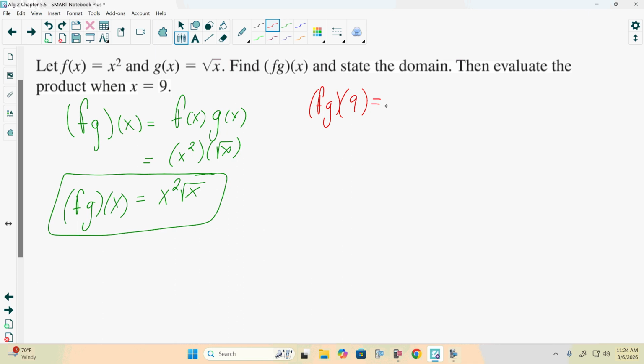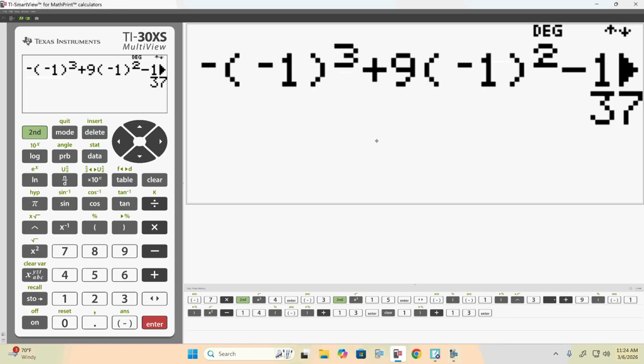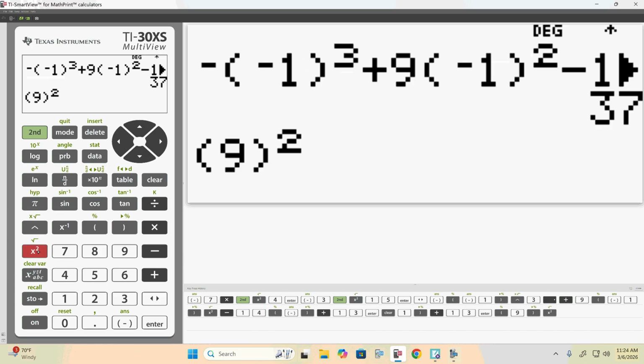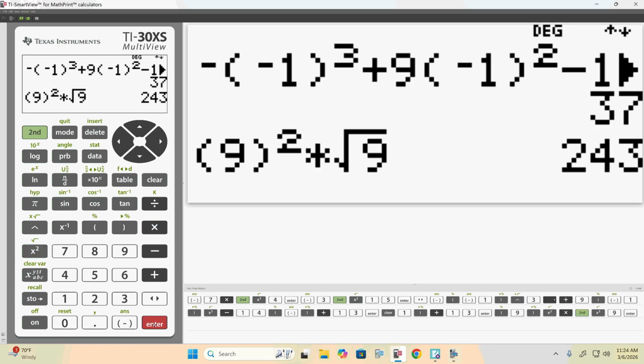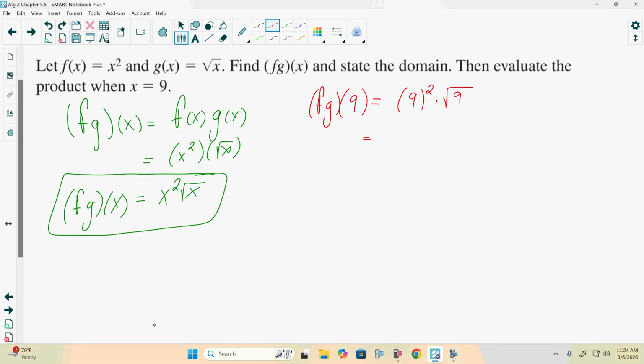f times g of 9 would be 9 squared times the square root of 9. We should expect this number to be pretty big. 243.